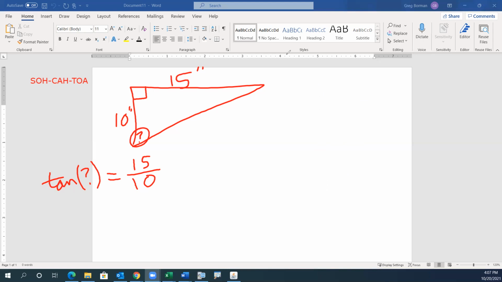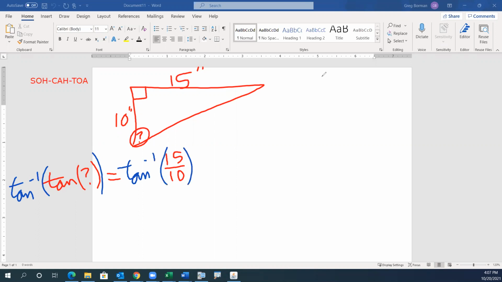I'm going to do it the long way once. So I had 15 tenths. What I'm going to do is take tangent inverse of both sides.